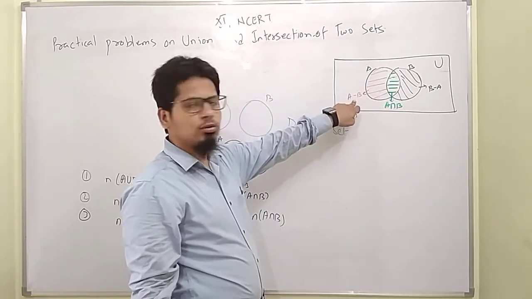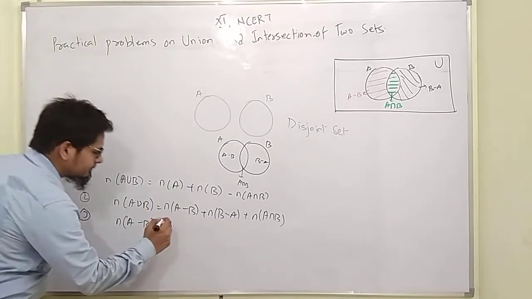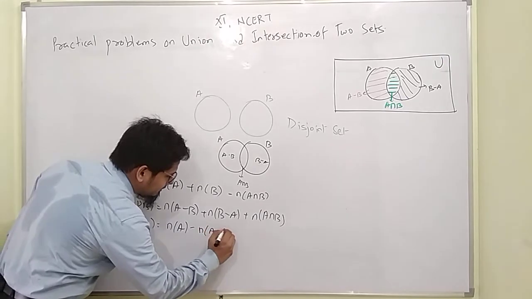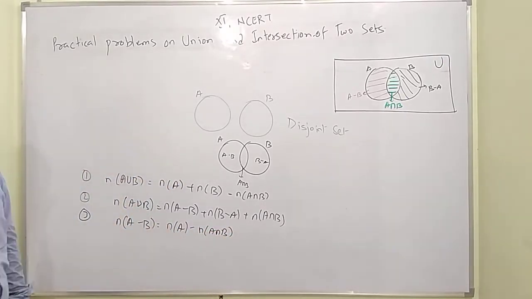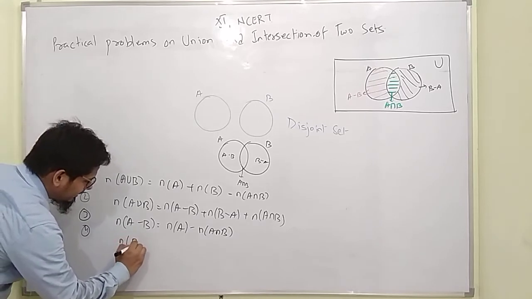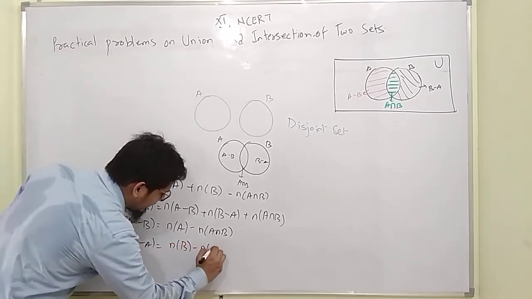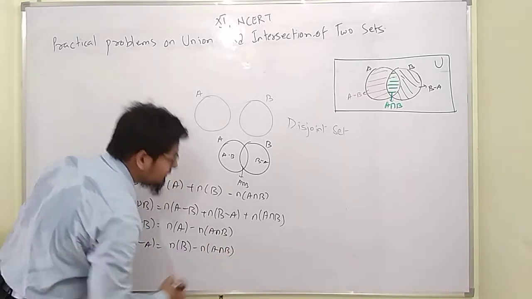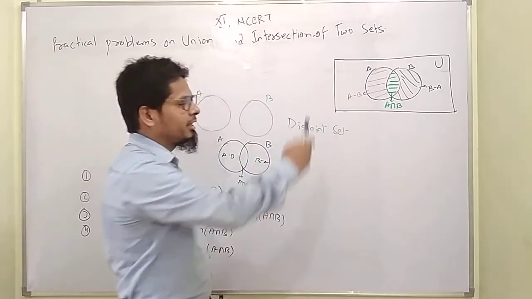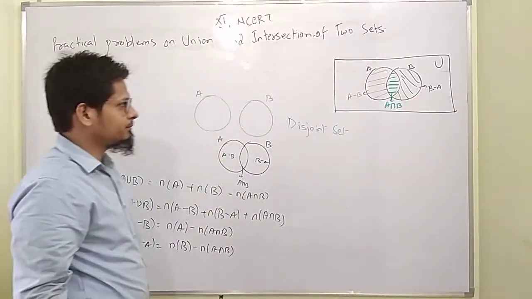The red part is equal to A minus B. So we can say n(A) minus n(A intersection B) is equal to n(A minus B). Now write the fourth result: n(B minus A) is equal to n(B) minus n(A intersection B), right? From the green and black part, if you subtract the green part, then you will get only the black part. This black part is equal to B minus A.